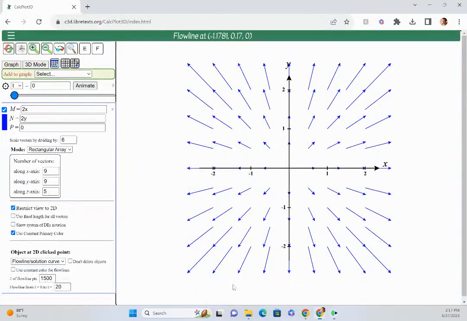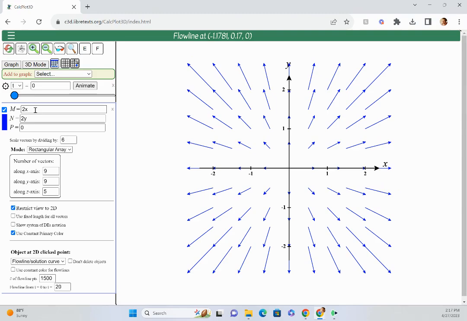I have CalcPlot 3D pulled up, and I have a sample vector field in here. This vector field is just a 2D vector field. It has components 2x and 2y, which came from a scalar function x squared plus y squared. So, a simple scalar function.